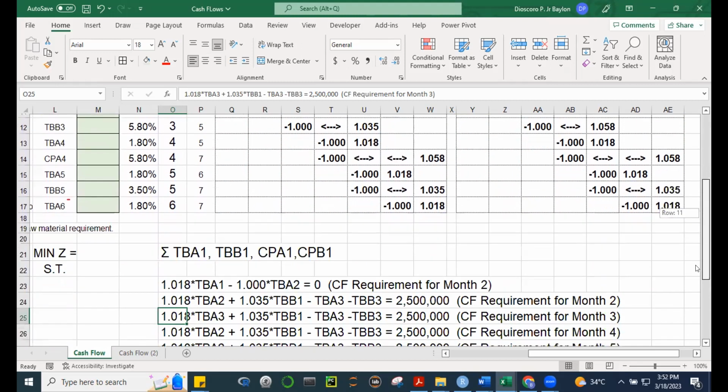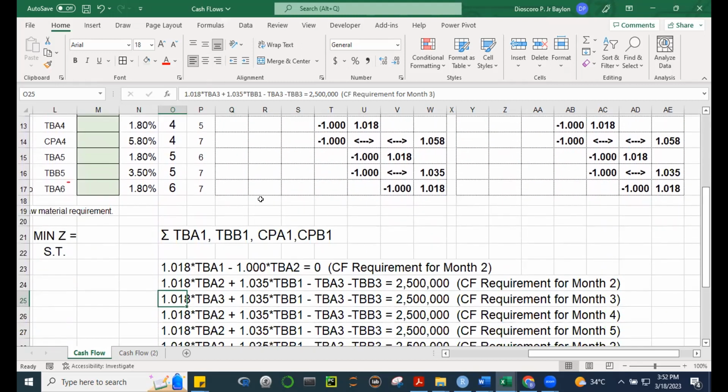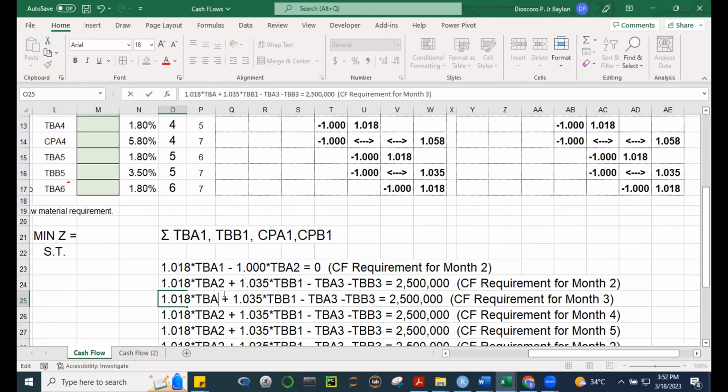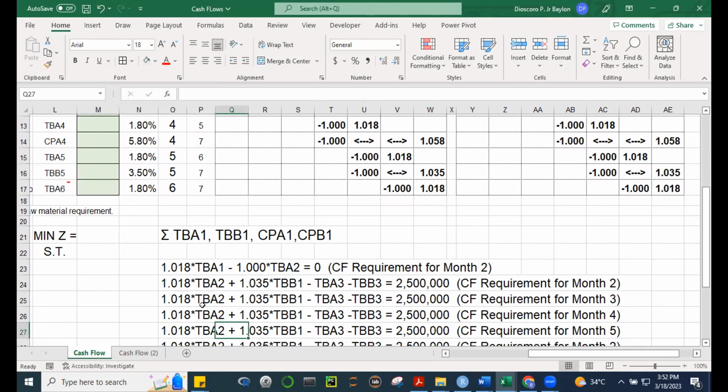Plus 1.035 TBB1. I stand corrected. This is month 3.